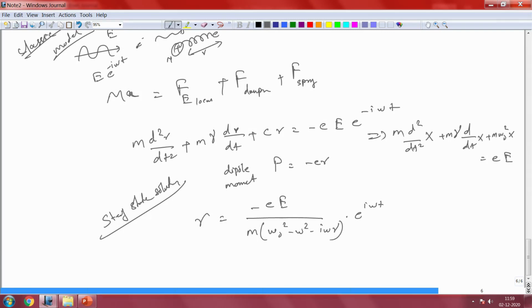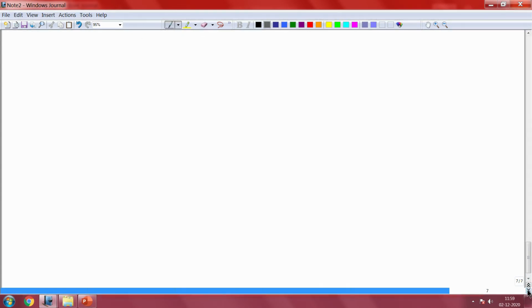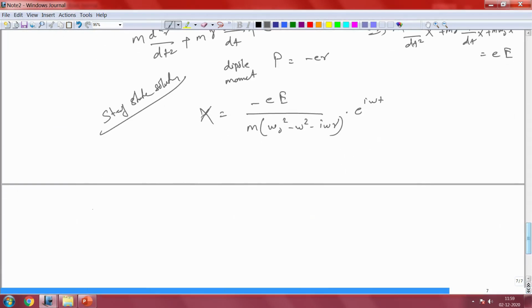So if that is the case, then I can write this as x, and this is the solution that we have, right. So we know the induced dipole. So now we have a solution for x, the induced dipole. So let's move to the induced dipole.